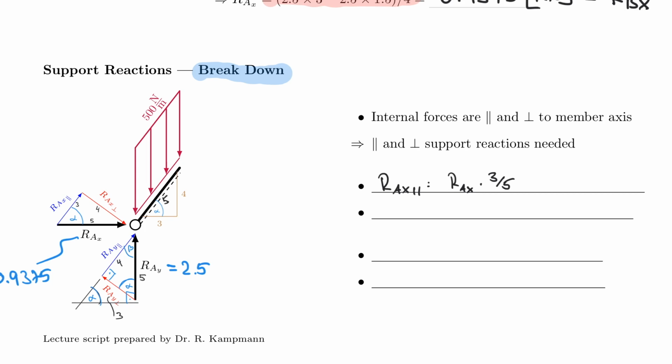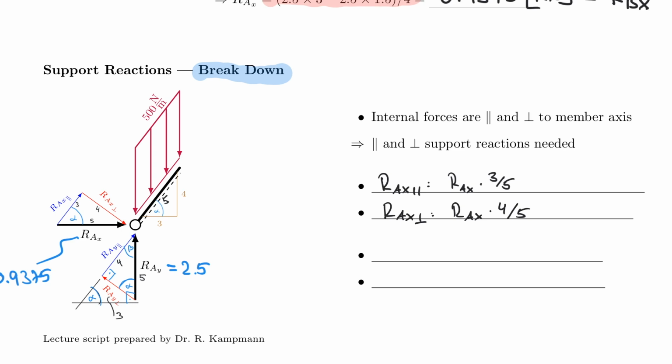So that is here RAX needs to be divided by 5 and multiplied by 3. And so that way I get RAX parallel. To no surprise, it's the quite opposite for RAX perpendicular. So therefore I have RAX times 4 divided by 5.